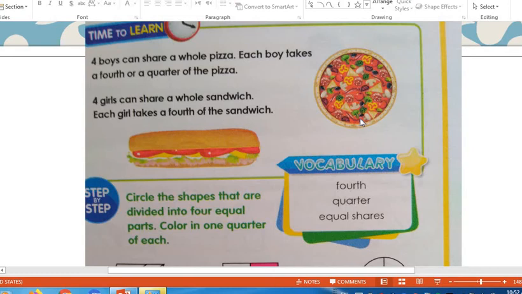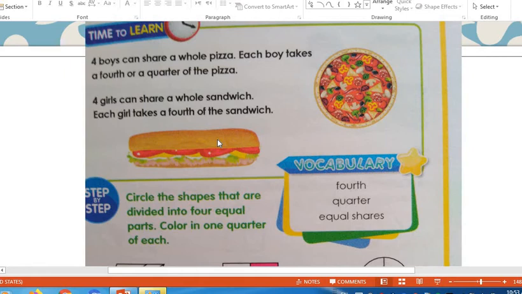Okay. How can 4 girls share a whole sandwich? How can 4 girls share a whole sandwich equally? It's important to say equally. Why? Because each girl will take 1 piece out of 4 pieces. So this is called fourth or quarter. They can cut the sandwich into 4s or quarters so that there are 4 equal parts.